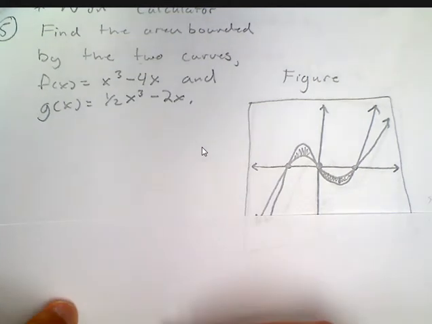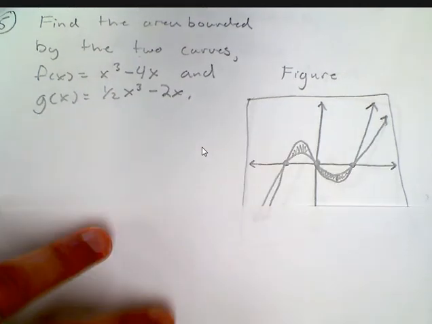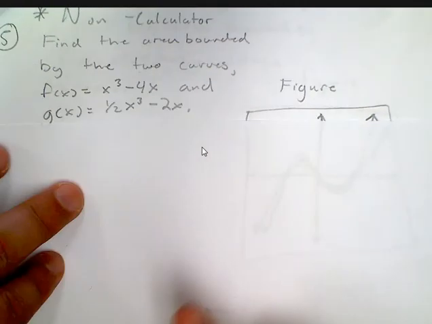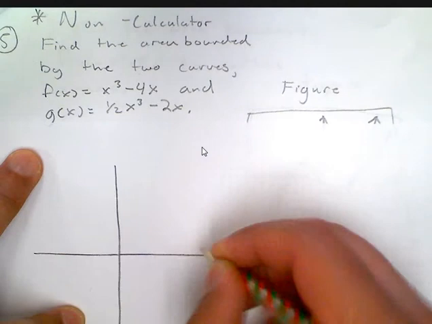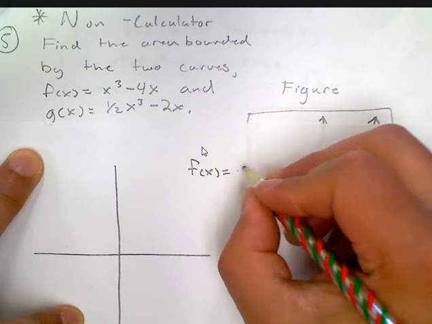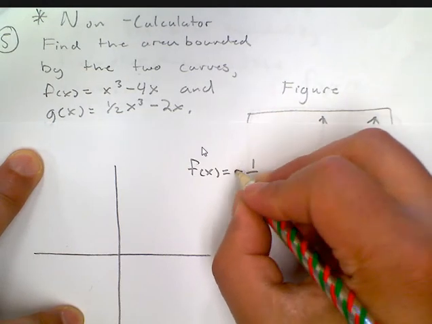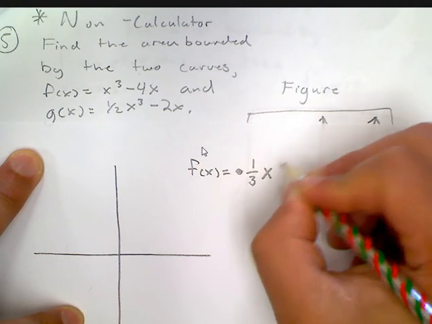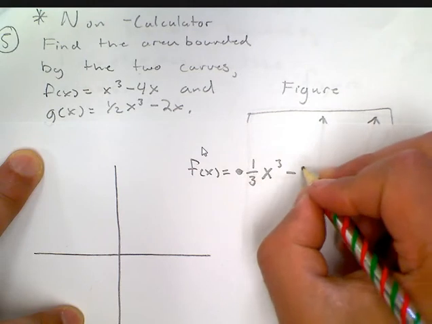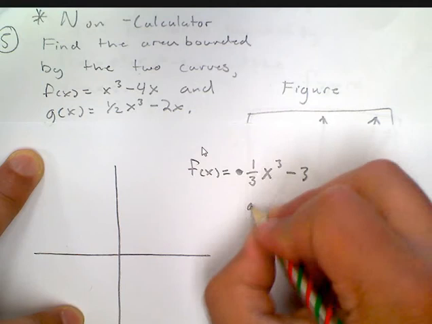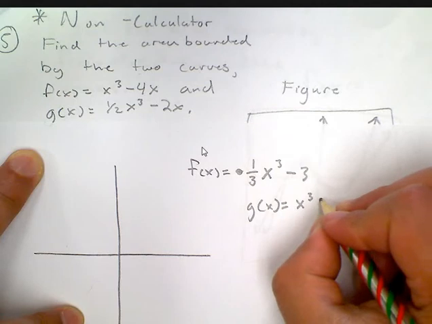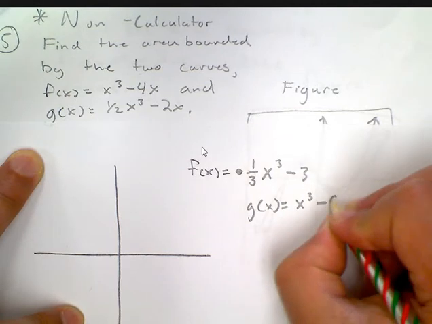and so I'm going to do an example similar to this. Let's say I have f of x is equal to negative 1/3 x cubed minus 3, and then g of x is equal to x cubed minus 9x.